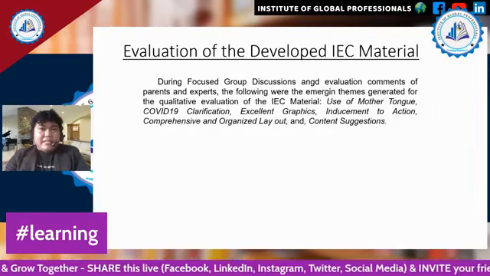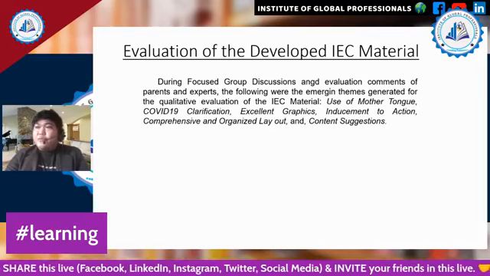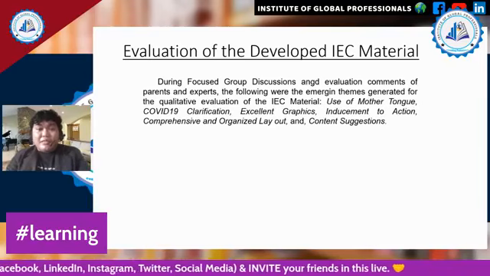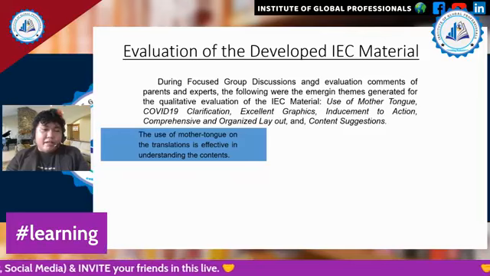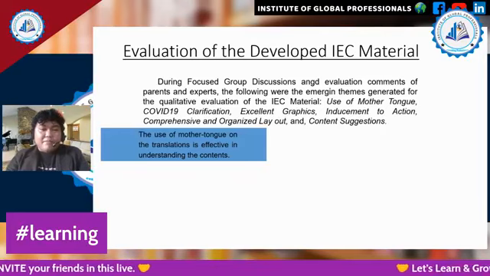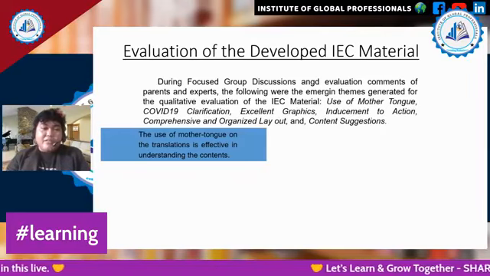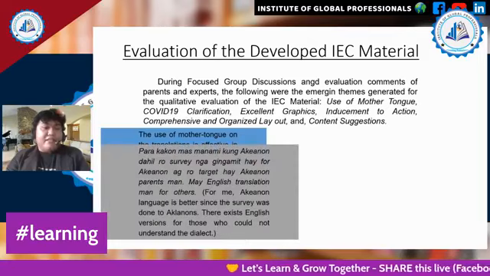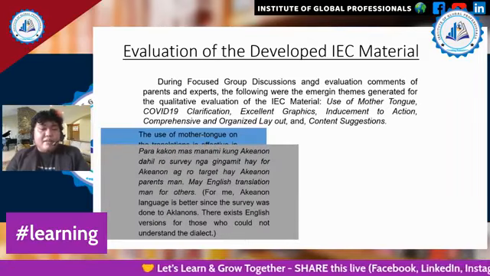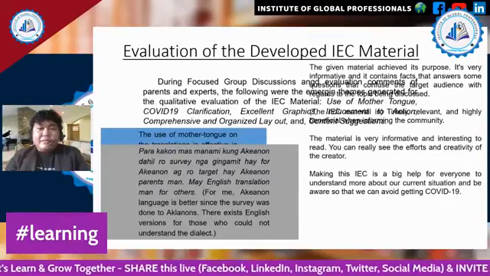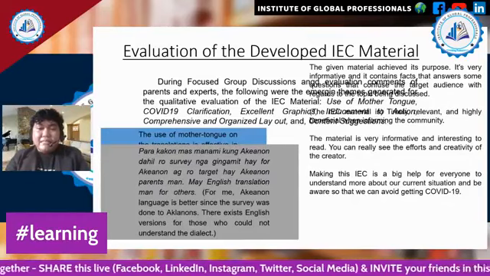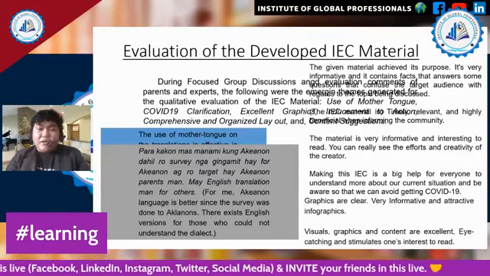So, of course, it doesn't end there. The evaluation process actually includes the qualitative aspect, and the themes that were gathered were actually the following. So, they actually mentioned that the mother tongue and the translations is effective in understanding the contents. They also said that Akeanon language is better, and well, making this IEC is a big help for everyone to understand more about the situation.